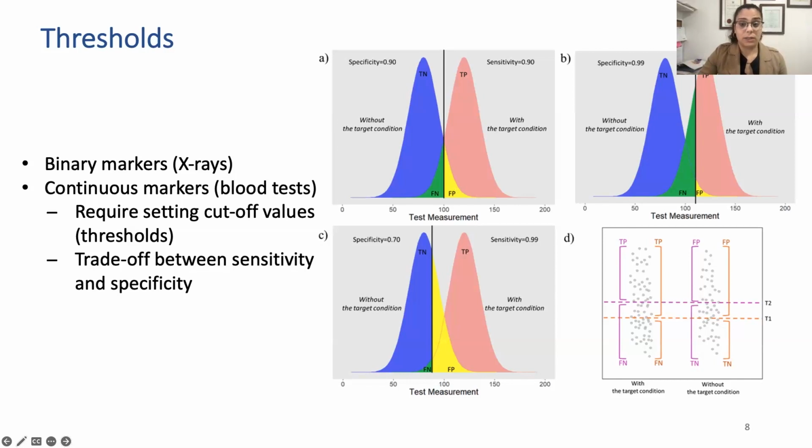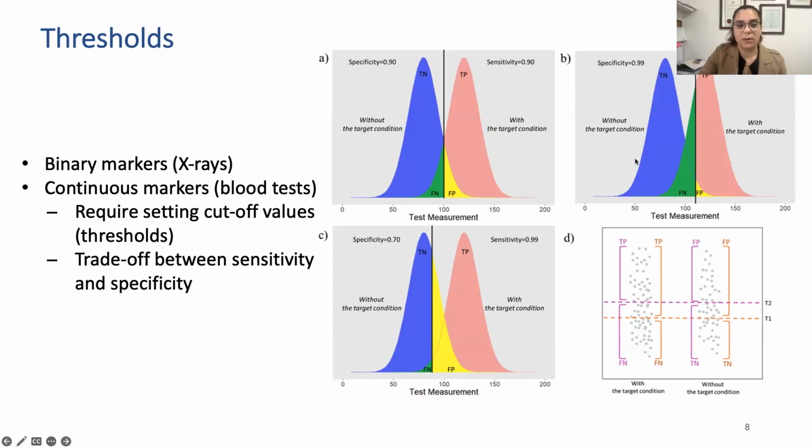Now, as the threshold is set at different points, there is a trade-off between sensitivity and specificity. The ideal scenario would be that there is no overlap in the distribution of the test measurements, the true negatives, let's say, and the true positives, in the diseased and non-diseased. However, there is no perfect discrimination in tests usually, and this will never be the case in real life.